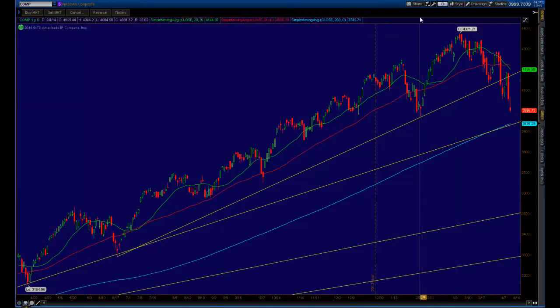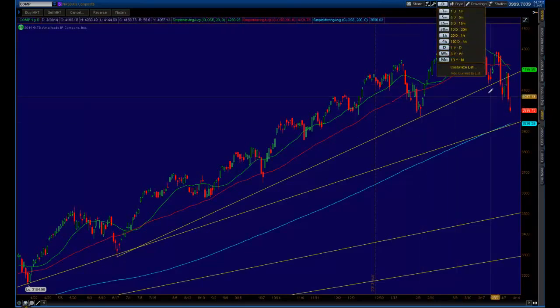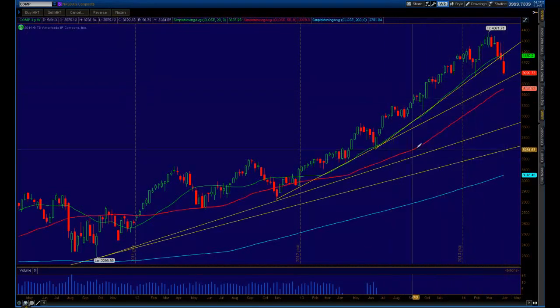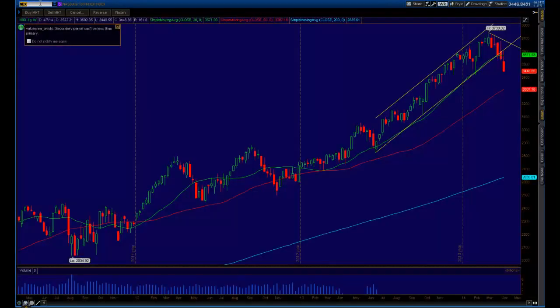If you switch out to a weekly, you can see that, and that's going to be around, let's call it 3930. So look, on the weekly NASDAQ composite, there's that, this is like a primary, secondary, tertiary. It's coming into that secondary, and that would also put it kind of close to these lows, maybe a little bit below those lows. So keep an eye on that area in the NASDAQ composite, and then also the NDX.